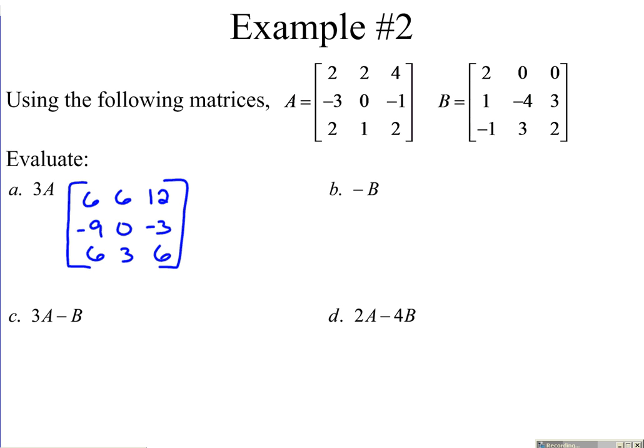Letter B. Take the opposite of matrix B, or take -1. Multiply everything in there by -1. We get -2, 0, 0, -1, 4, -3, 1, -3, -2.